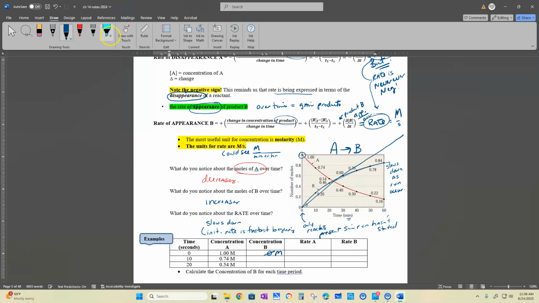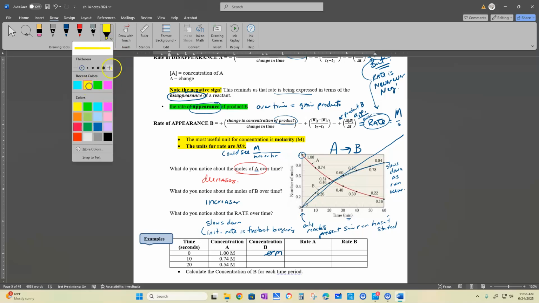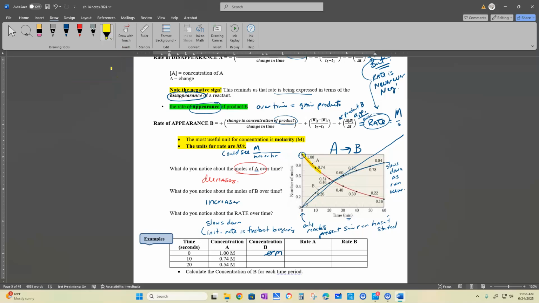Okay, so if I had to highlight where the fastest part of my reaction is, it's probably about right here and right there. So probably those first two, that first 10 minutes, 20 minutes, that's the fastest part of the reaction. Okay? So how do you do this with math quantitatively?